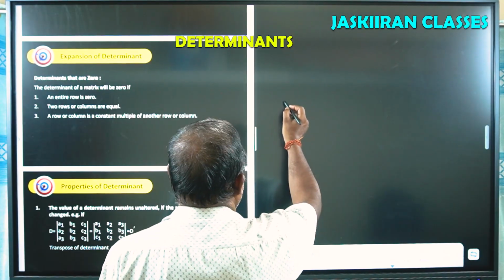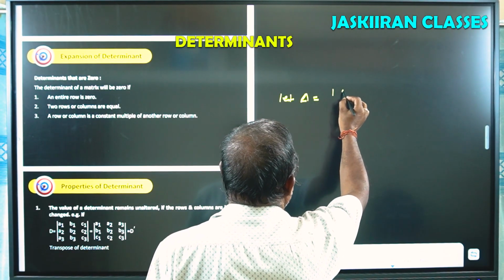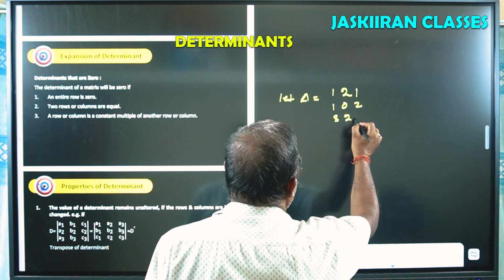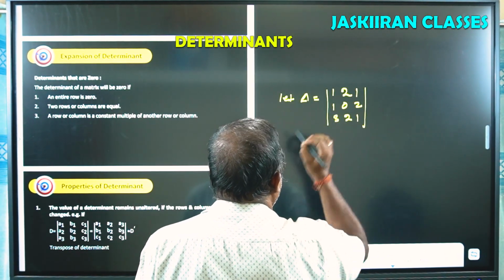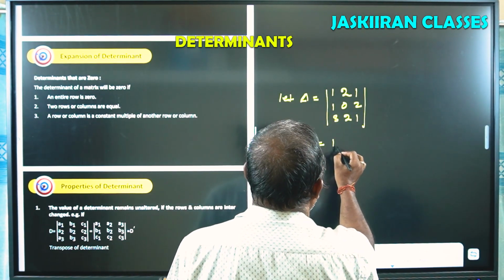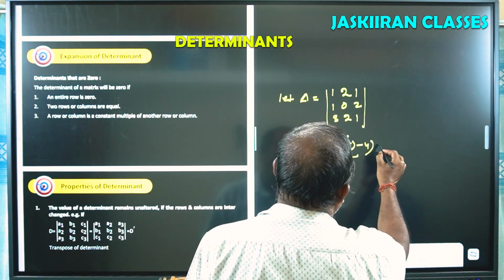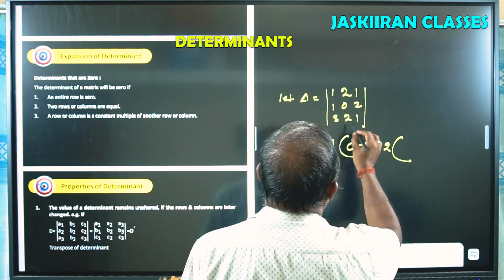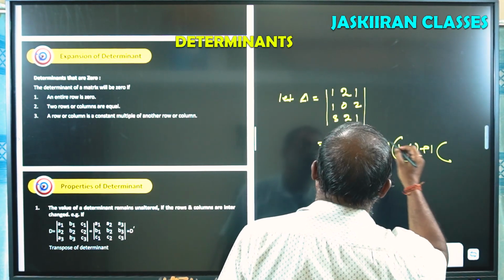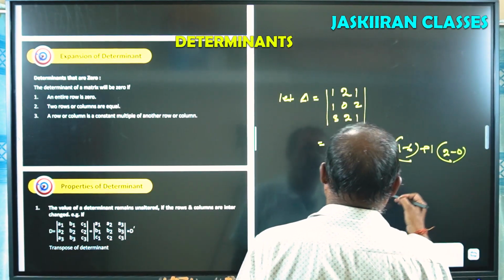For example, let del equal to the matrix with rows 1, 4, 1; 1, 0, 2; 3, 2, 1. Now expanding that determinant: 1 into 0 minus 4, minus 2 into 1 minus 6, plus 1 into 2 minus 0.